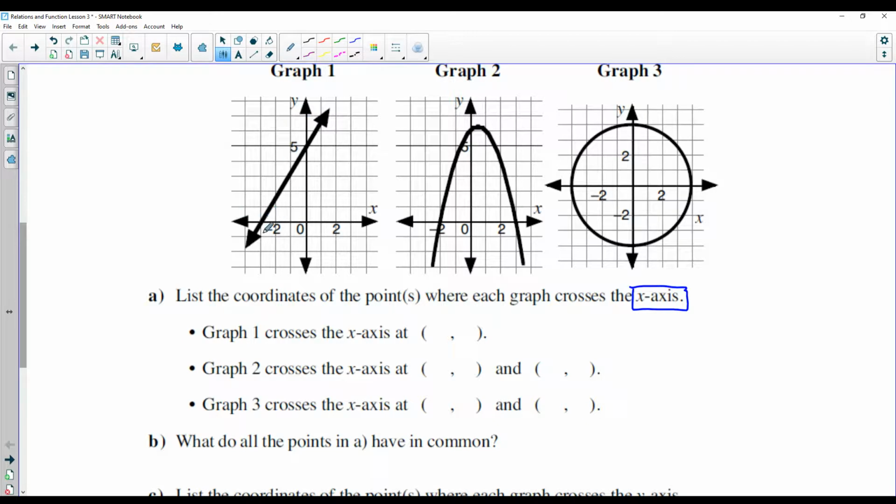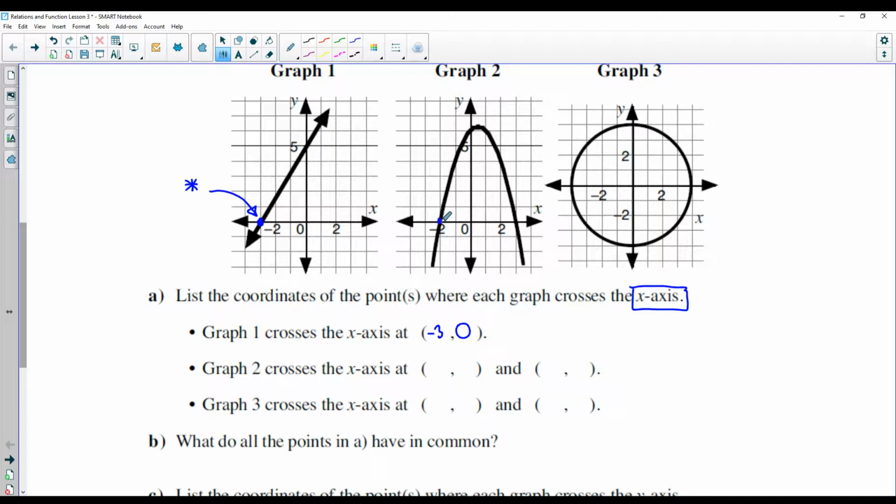So what I want to do is simply identify the coordinates of the point that crosses the x-axis. In the graph on the left-hand side, the ordered pair that crosses the x-axis will be located right here, and if I write down the coordinates of that point, it would be -3, 0. For the second graph, I actually have two spots where the graph hits the x-axis.